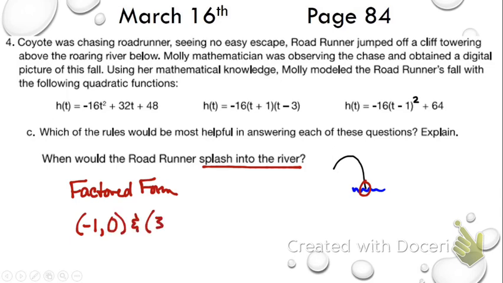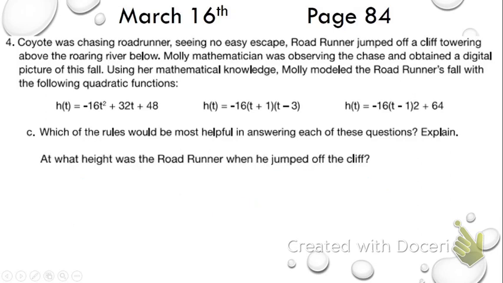So when does he hit the water? At 3 seconds. How high was the cliff that he jumped off of? 48 feet. What form did you look at? General form.